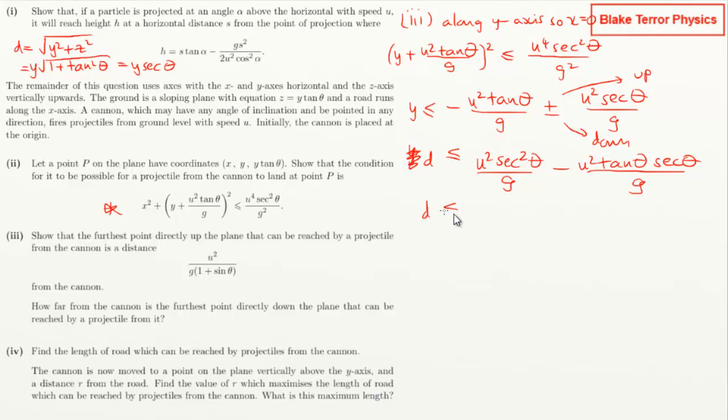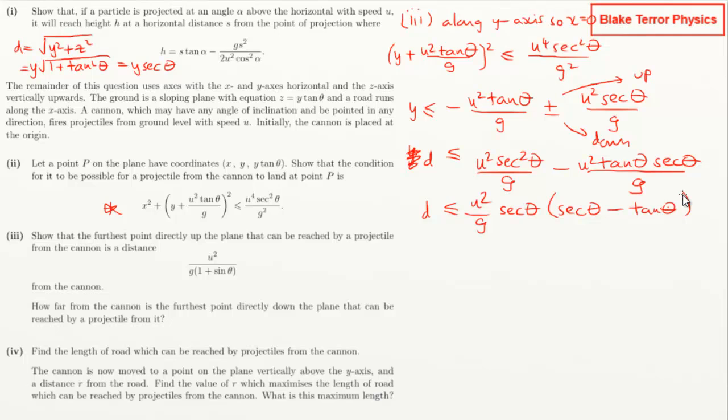So d, let's factorise some bits so I can get a better look at what's going on. I've got the u squared over g, and then I've got a sec theta, and then I've got a sec theta minus tan theta. Okay, so that's 1 over cos minus sine over cos.